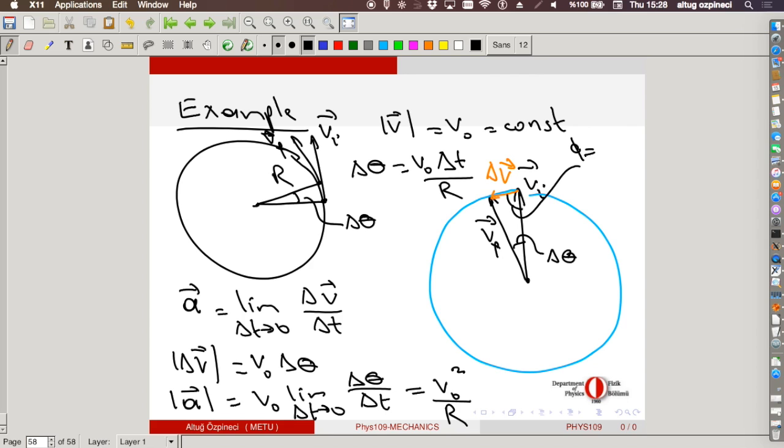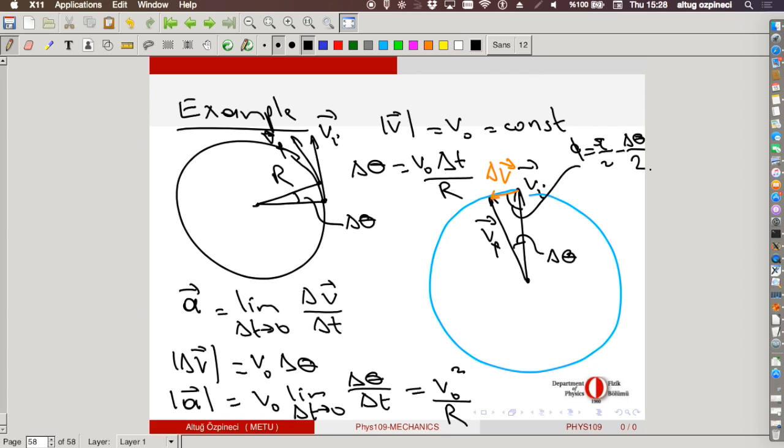Pi minus delta theta over 2, or pi over 2 minus delta theta over 2. Because here again we have an isosceles triangle, the two sides are equal, so these two angles are equal. So each one of them is pi over 2 minus delta theta over 2.